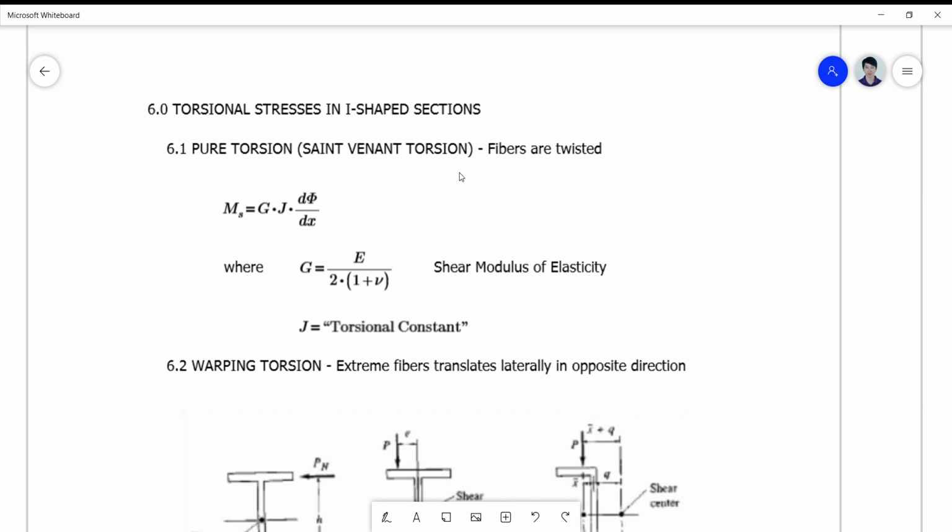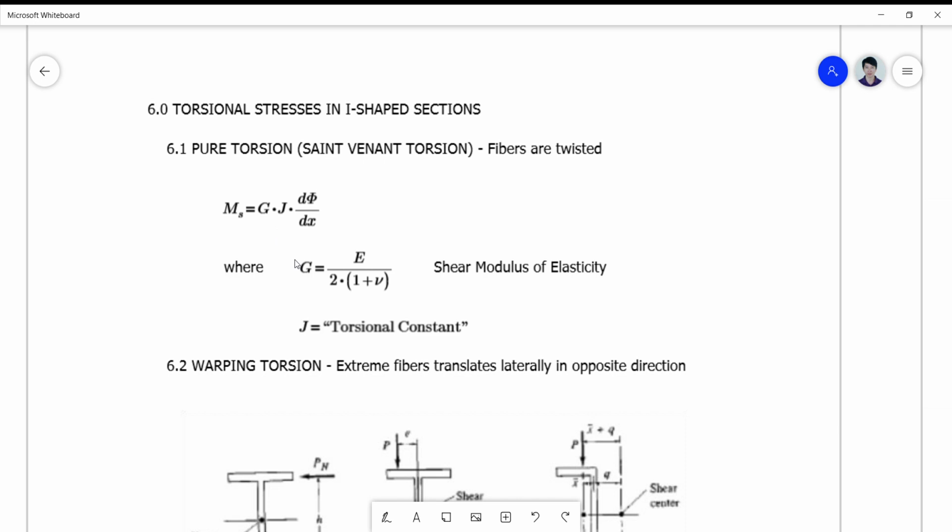This actually ignores or neglects warping because for the Saint Venant torsion, the formula is simply an application of the GJ theta, which defines your torsional curvature in terms of the moment.